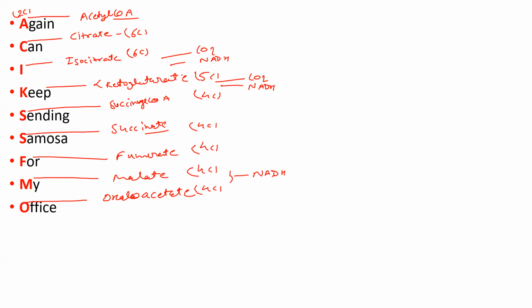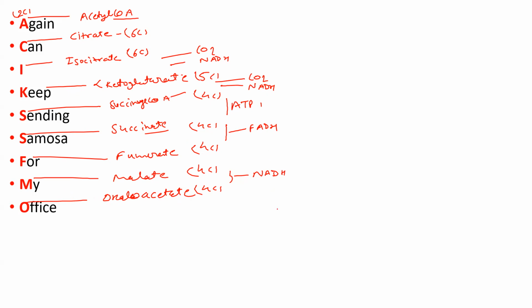Here no CO2 is released. Okay. And FADH2 is produced when fumarate is formed here. And when coenzyme A is released, then here 1 ATP is produced. Okay, that's how you can learn all the NADH, FADH2 and the names of the Krebs cycle.